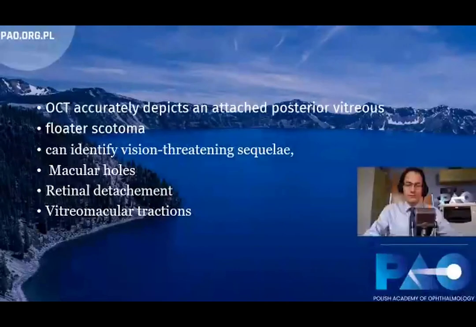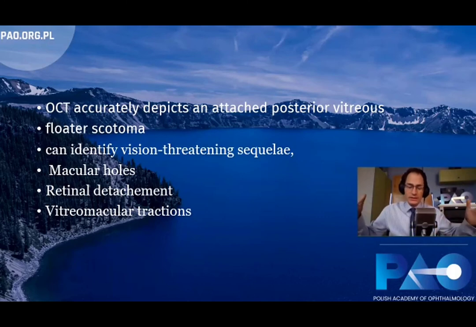Why floaters and the OCT? Well, firstly, because we see floaters in the OCT in a form of artifact, right? So as a disturbance, a form of shadowing over the OCT. But this is not the end of the story. Thanks to the great improvement in the OCT technology, right now we have a very high depth of imaging, and we can actually see the floaters inside the vitreous.